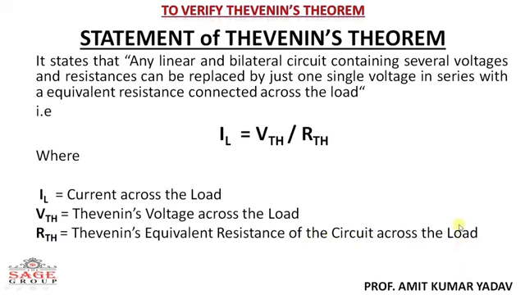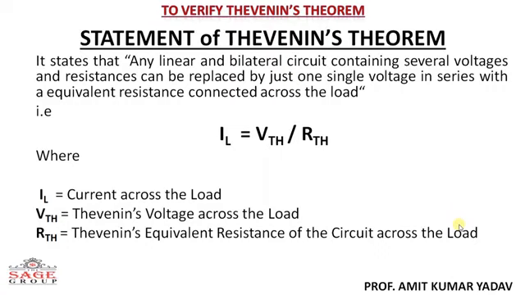Okay, now in simple words we can say that suppose we have a vast network in which so many loads are connected, and suppose you have to calculate the current of any particular load. If you calculate the current of that particular load by using KVL or KCL, then it will become very complicated.